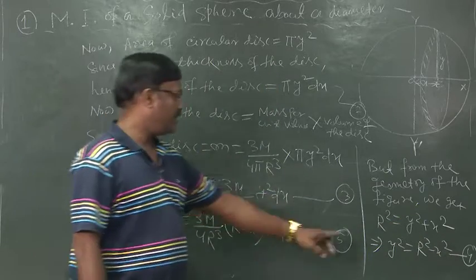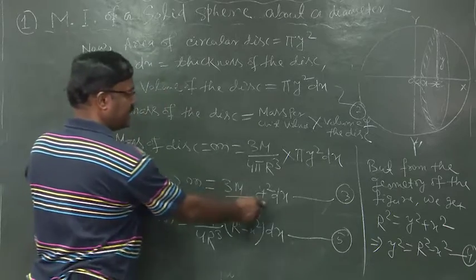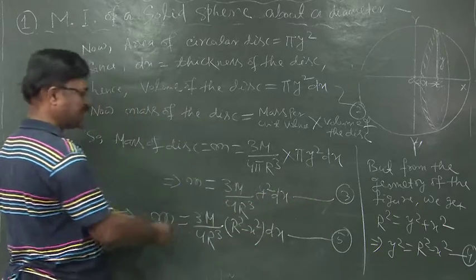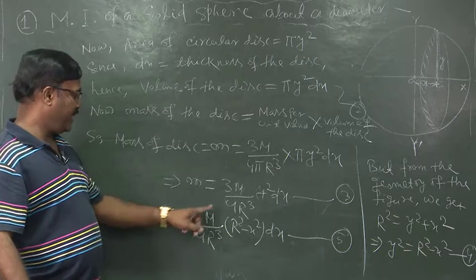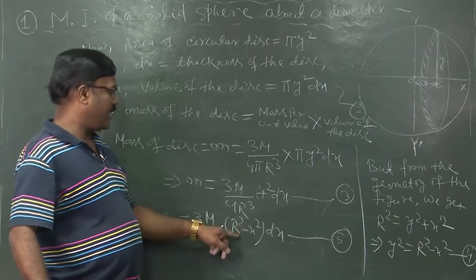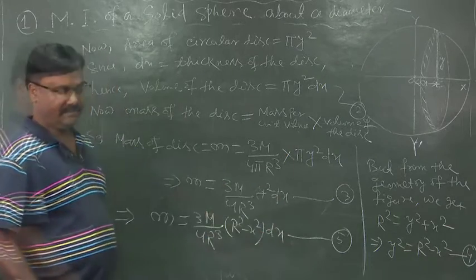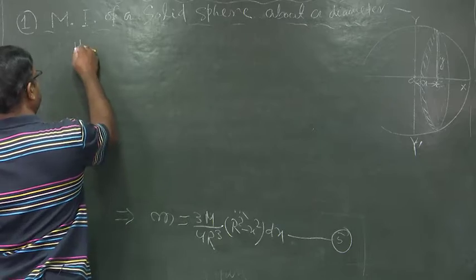Let it be equation 4. Now, putting the value of y square from equation 4 in equation 3, we get dm is equal to 3m by 4 r cube into (r square minus x square) into dx.